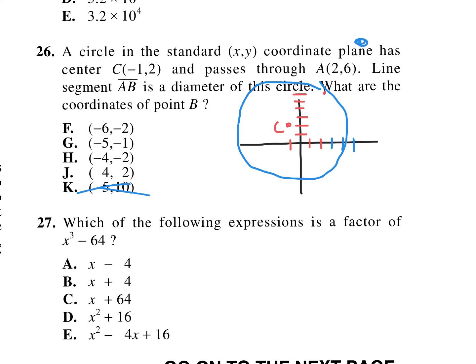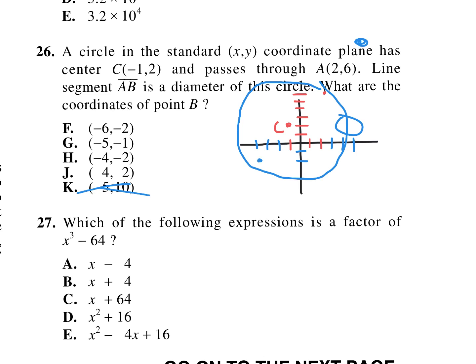You understand what I mean? That answer doesn't make sense. Okay, 4, 2. Could 4, 2 possibly be it? Possibly. What about negative 4, 2? Or negative 2, sorry, negative 4, negative 2.